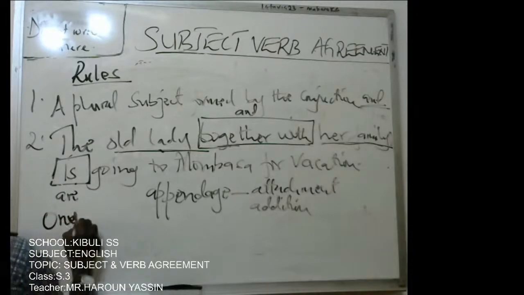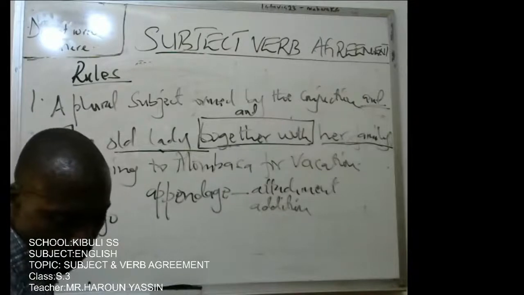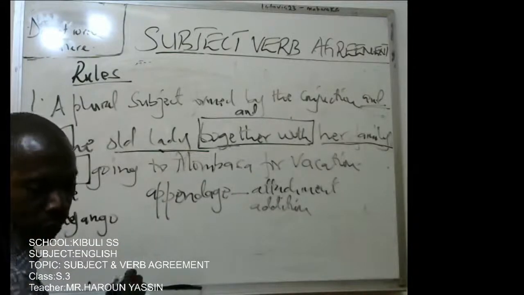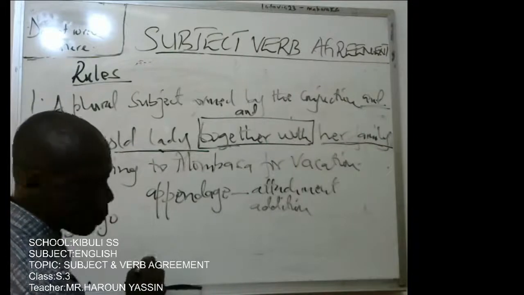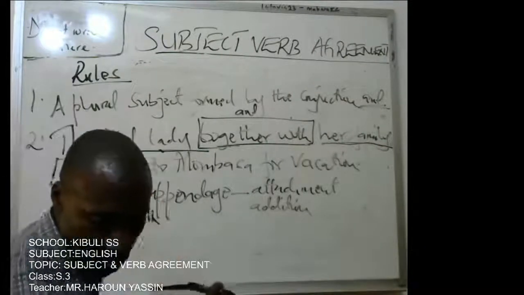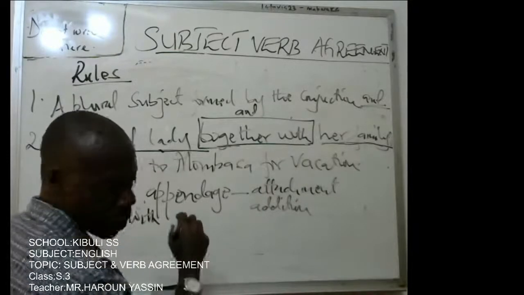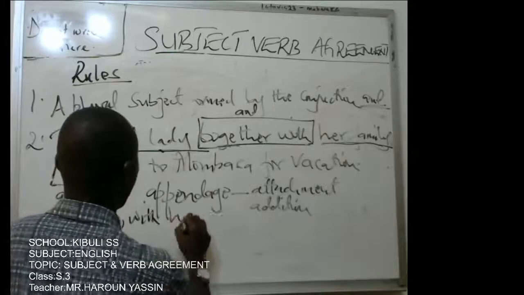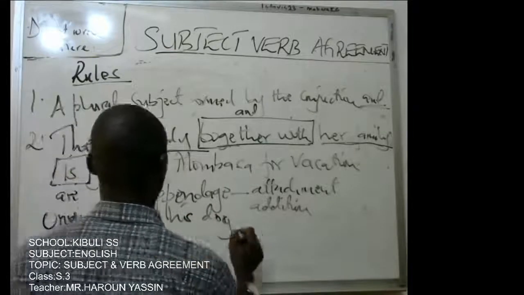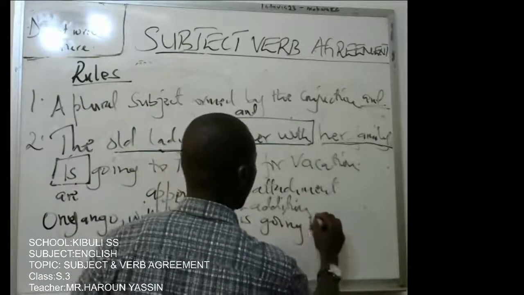Onyango, okay, comma, with his dog. Onyango with his dog, okay, is going hunting.